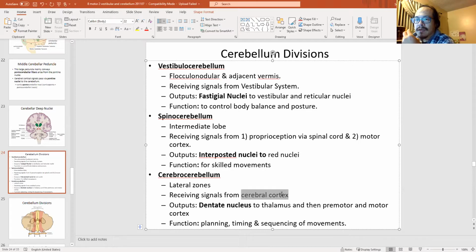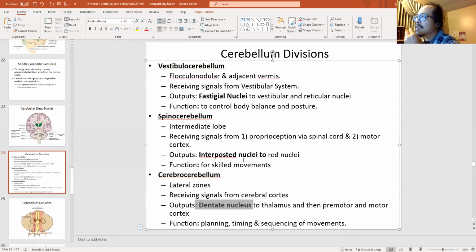So this is about the planning of the movement, and they send signal into the lateral zone of the cerebellum. Then the signal will be processed, calculation. The output is from the dentate nucleus. This dentate nucleus then sends signal back to the cerebral cortex.